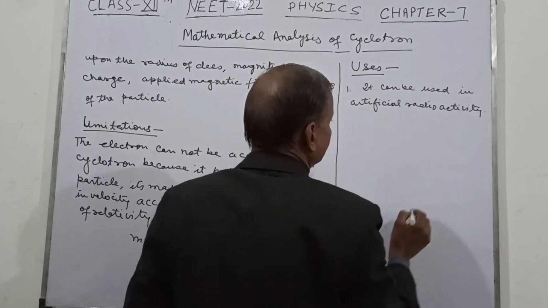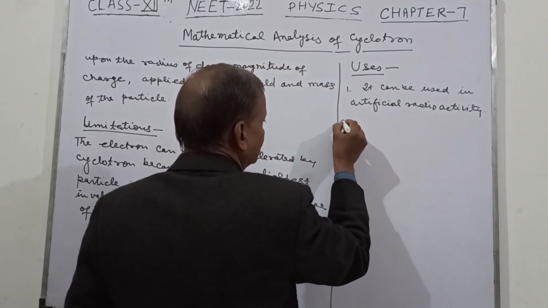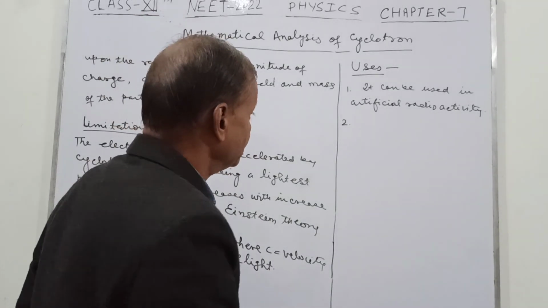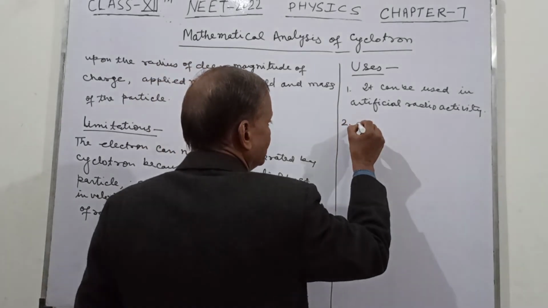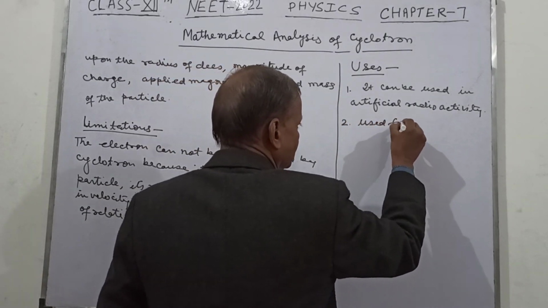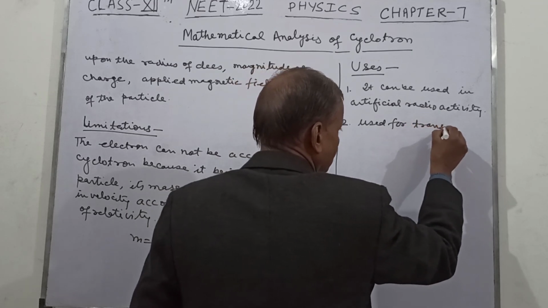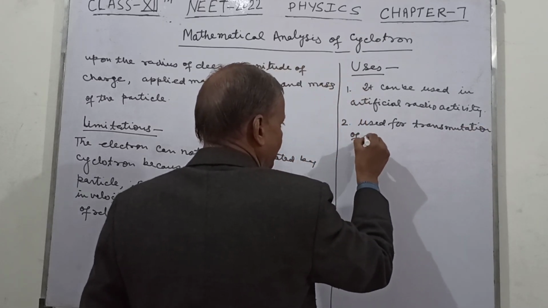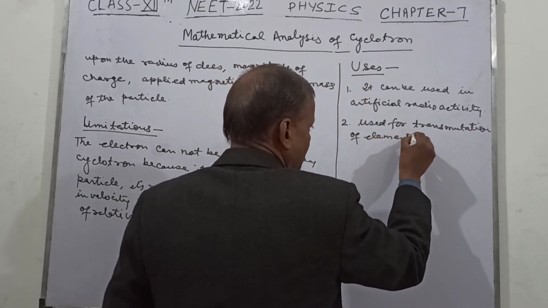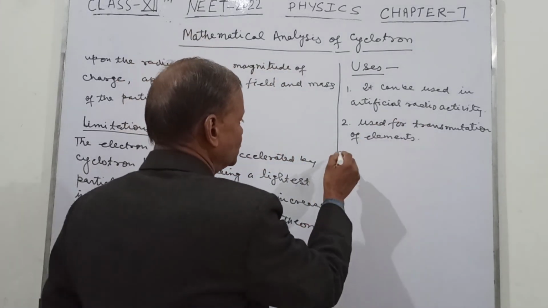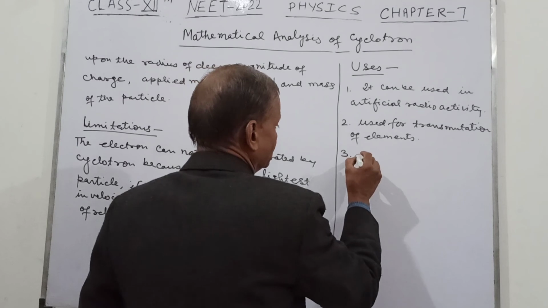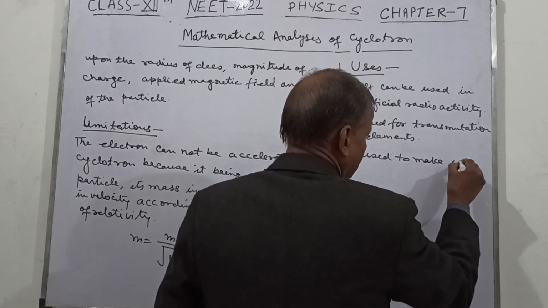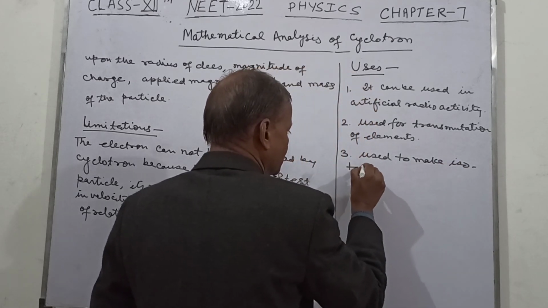Number two, it is used for transmutation of elements. Used to make isotopes.